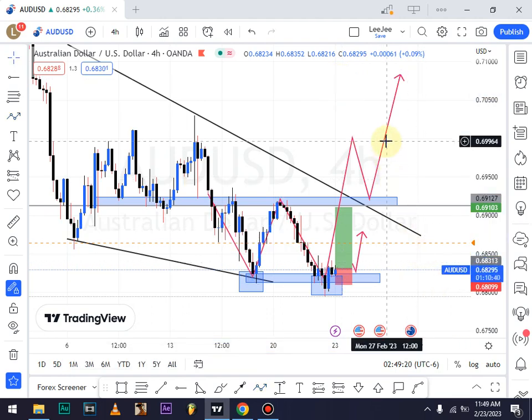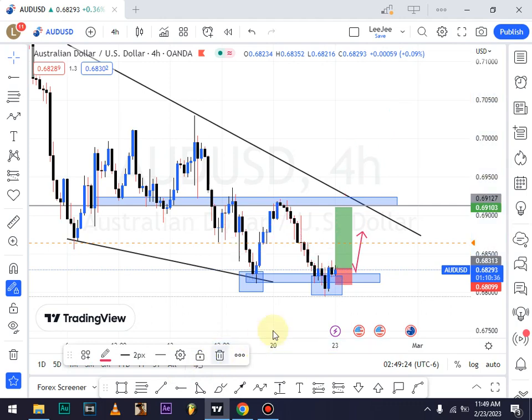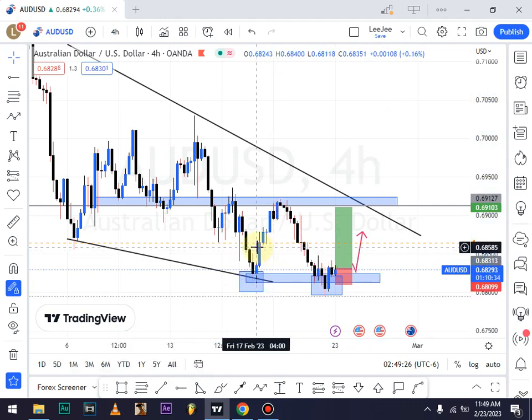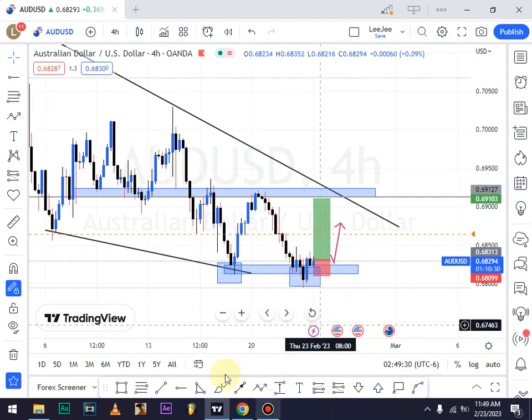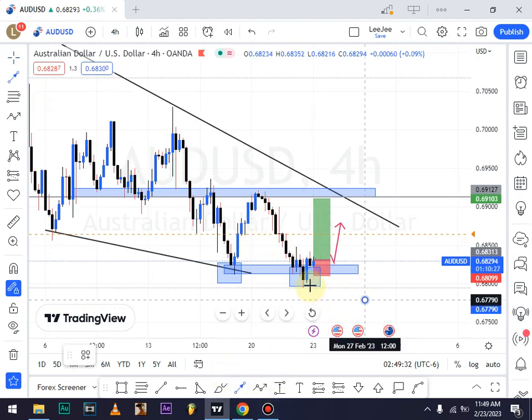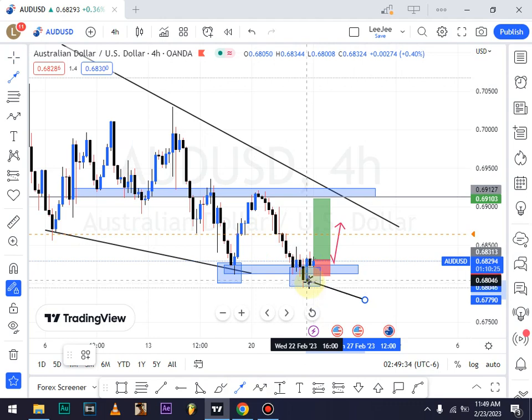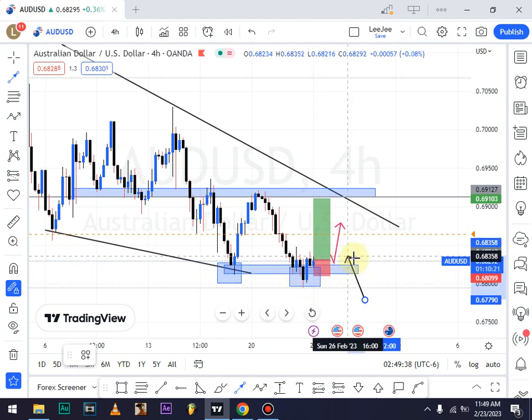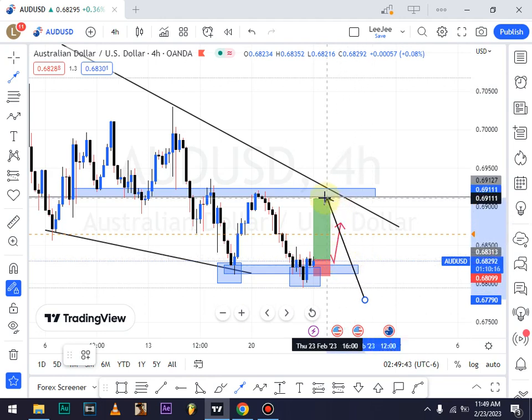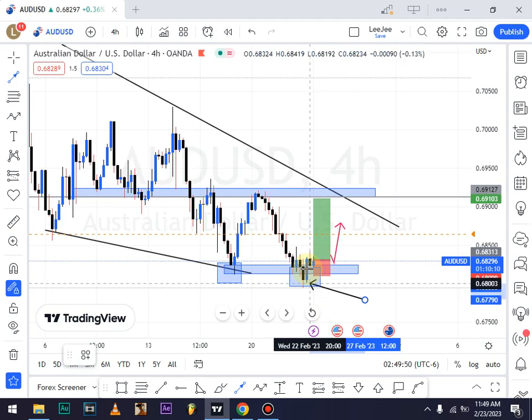But remember my strategy, guys. When I see this double bottom, I just wait for an engulfing candlestick. We have this bullish candlestick over here that engulfed this one. That's why I took this trade. Currently I'm still at a drawdown, but I'm anticipating the price going to see if it can break this neckline, which is now resistance, before confirming this double bottom.